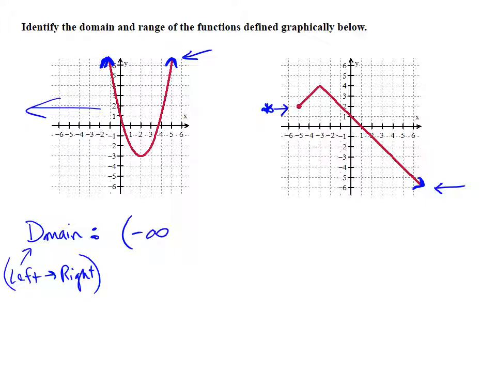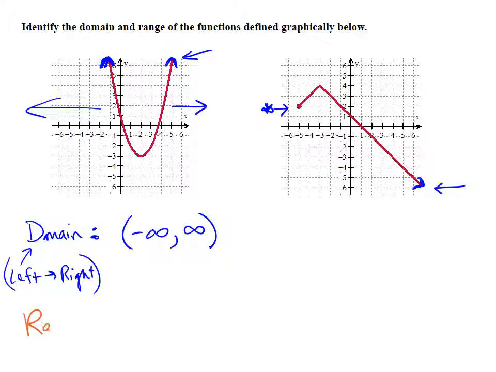And then to the right, it goes up and to the right forever, which would be considered infinity. Notice I'm using parentheses with the infinities. You always use parentheses with infinity because infinity is the idea that you go forever, without ever stopping. You're never really getting to a stopping point, so a bracket wouldn't be appropriate.